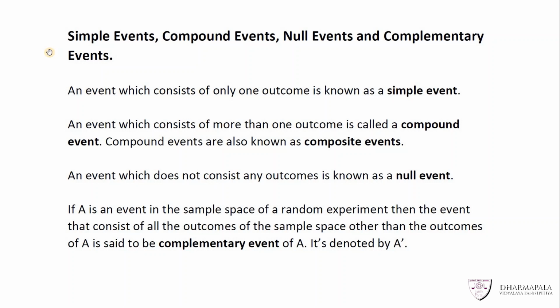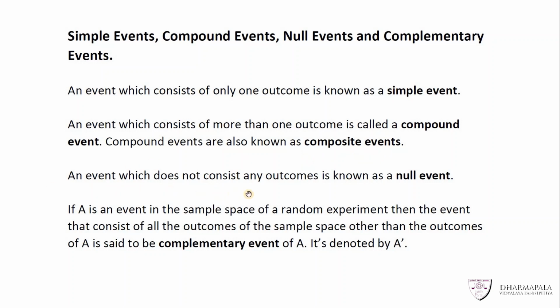Now we will discuss different types of events: simple events, compound events, null events and complementary events. An event which consists of only one outcome is known as a simple event. An event which consists of more than one outcome is called a compound event. Compound events are also known as composite events.